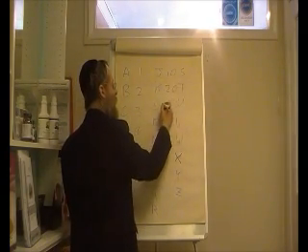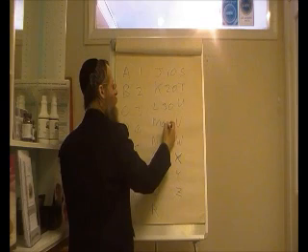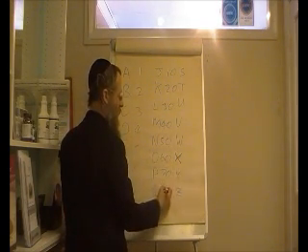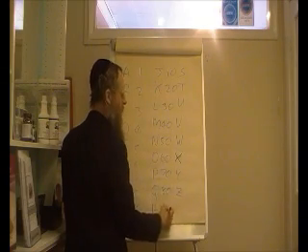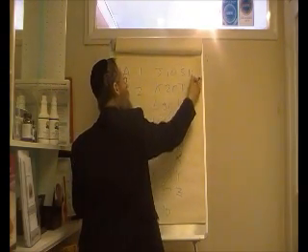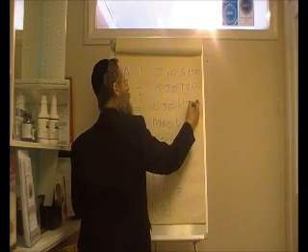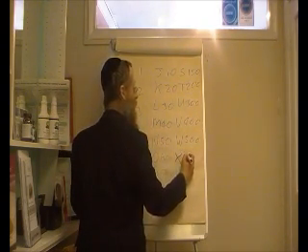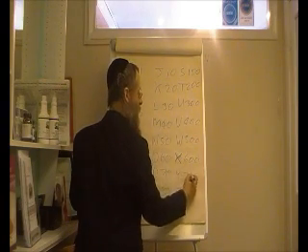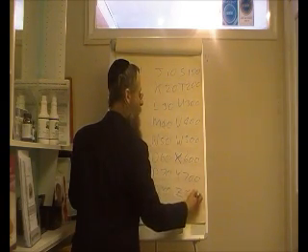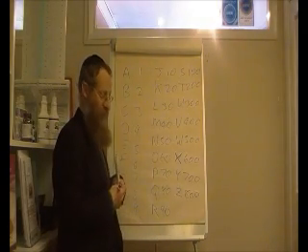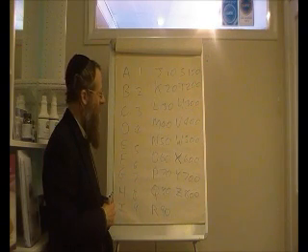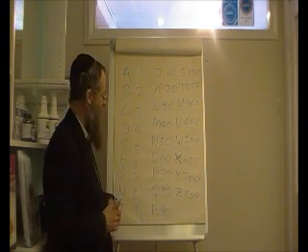So K is 20, L is 30, M is 40, N is 50, 60, 70, 80, 90, 100, and then we go to 200, 300, 400, 500, 600, 700 and 800. Big numbers. So this system we can use in various ways as well.